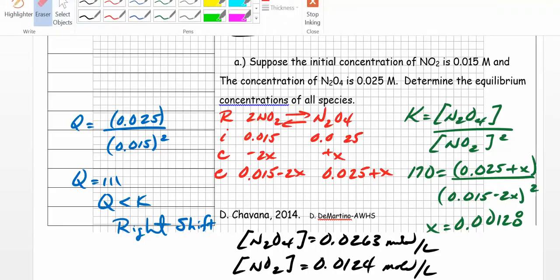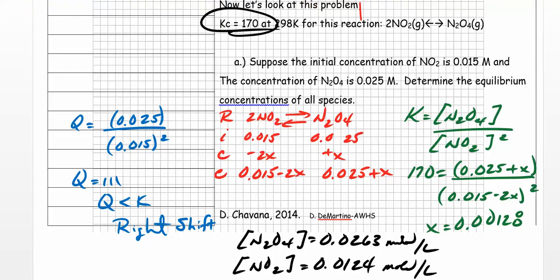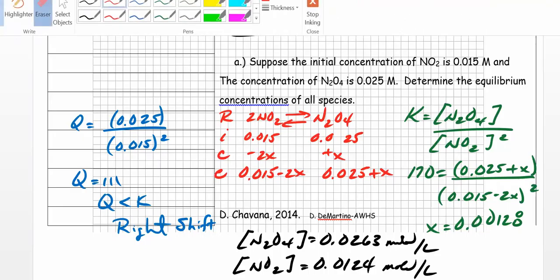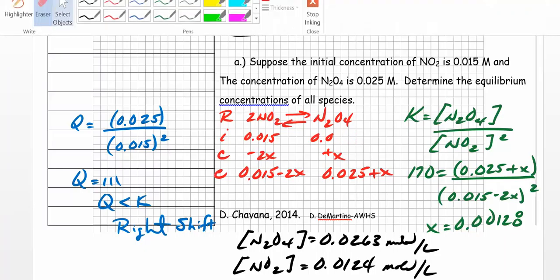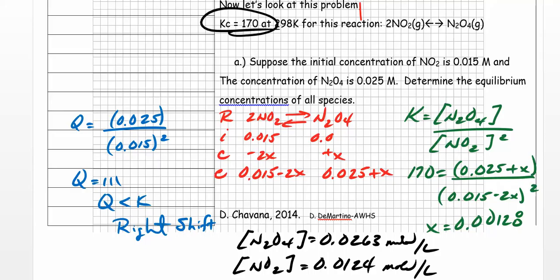Let me change that to make it correct. Let me get my eraser here and fix that just like that. Apologize for that. There we go. So now we're fixed. All right, so 0.025 for the N2O4 concentration.